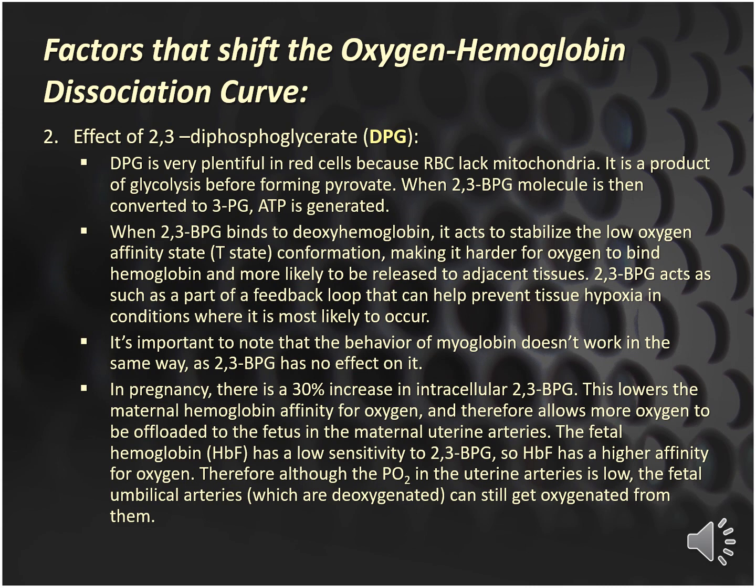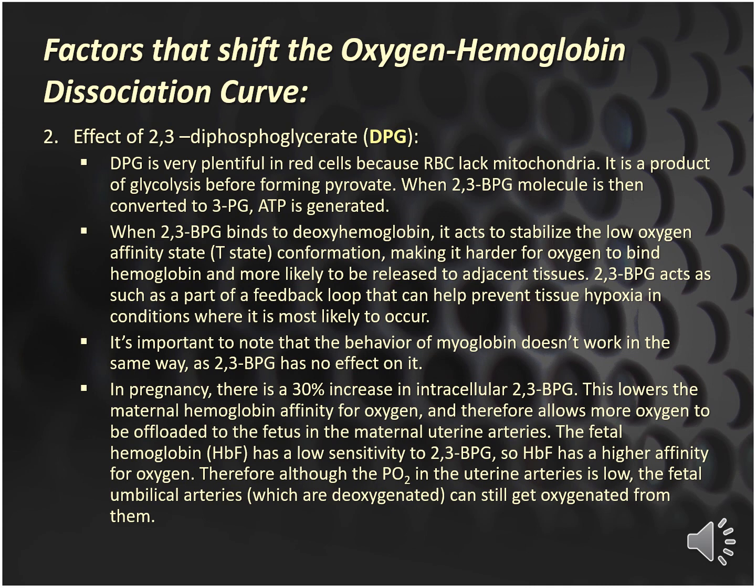The fetal hemoglobin, that's to say hemoglobin F, has a low sensitivity to 2,3-BPG. So hemoglobin F has a higher affinity for oxygen. In other words, hemoglobin A, which is the hemoglobin of the mother, will offload more oxygen, while hemoglobin F, which is the hemoglobin of the baby, has higher affinity for oxygen.